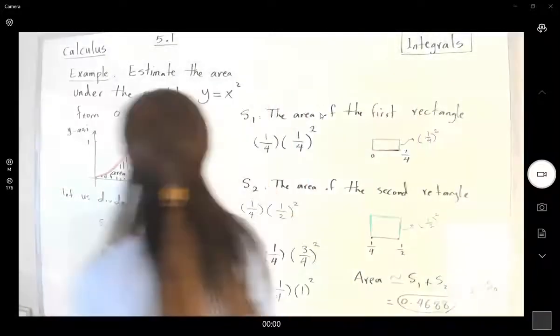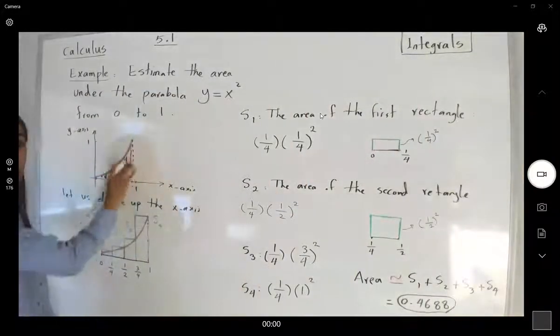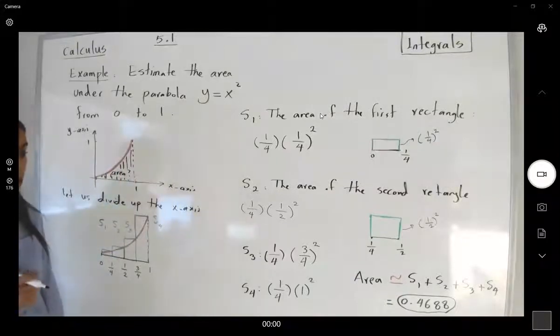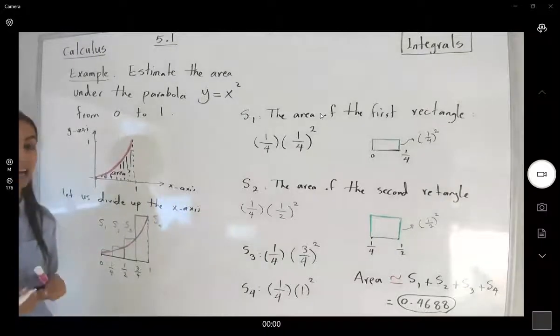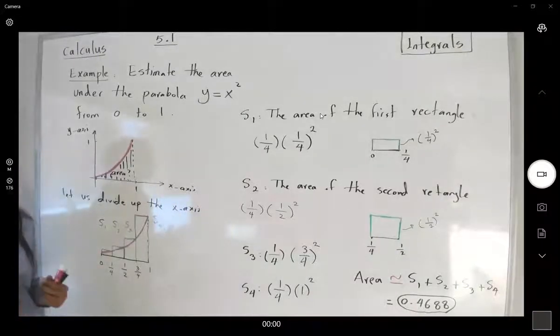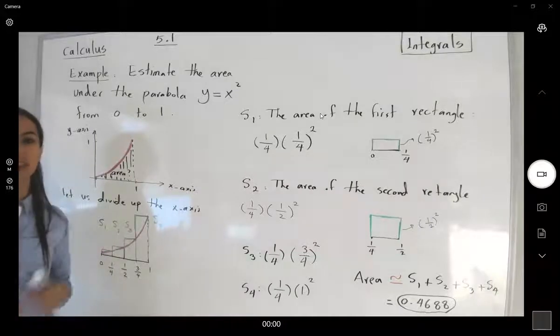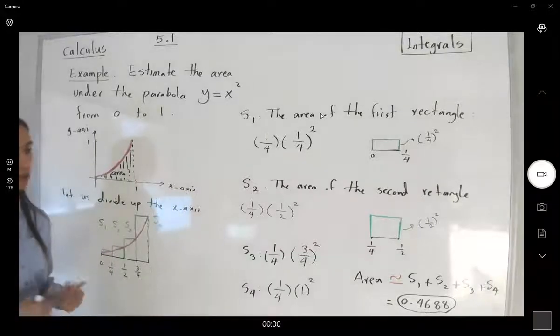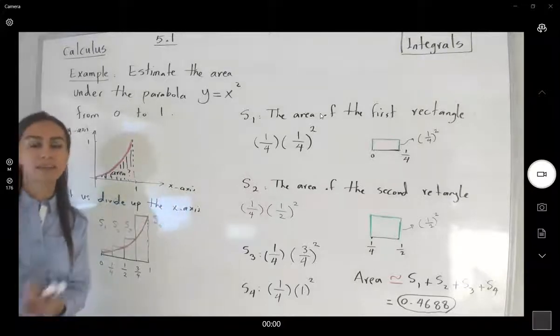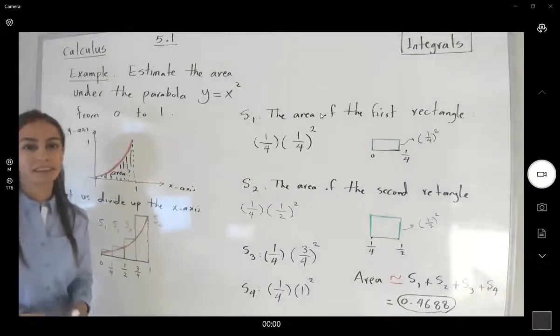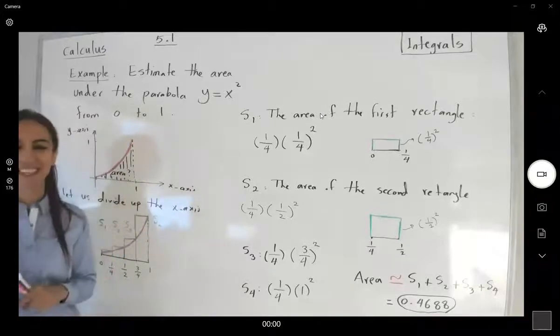So the area is approximately 0.4688. It's not the exact value. It's just an approximation for the area. What are we trying to do? We're trying to use a method that Riemann represented to us.